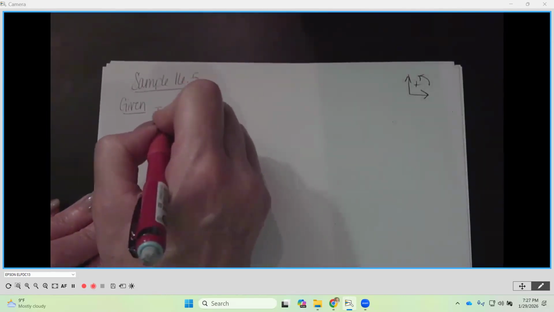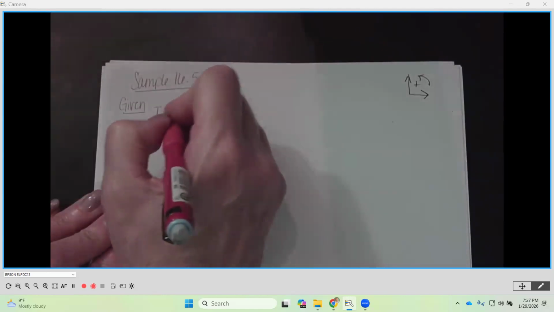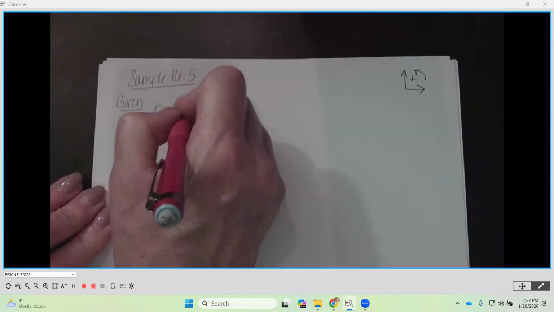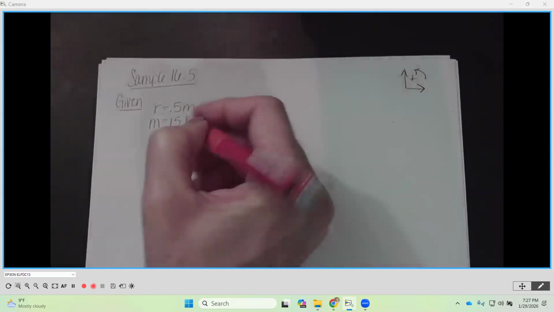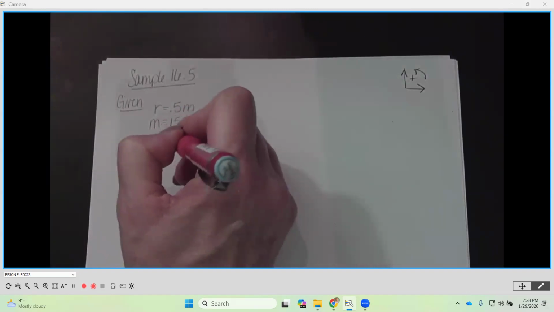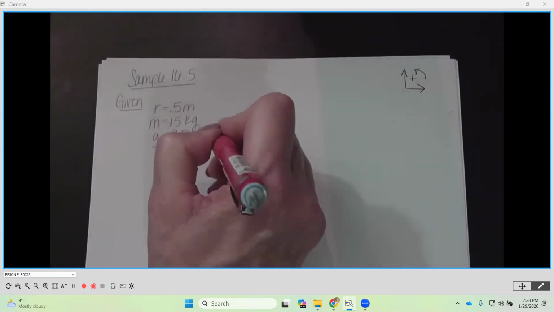The radius is equal to 0.5 meters, and that is the radius from the center of mass to the outermost edge. It is in meters already, so we don't have to change anything. Our mass is equal to 15 kilograms. Gravity is going to be 9.81 meters per second squared.